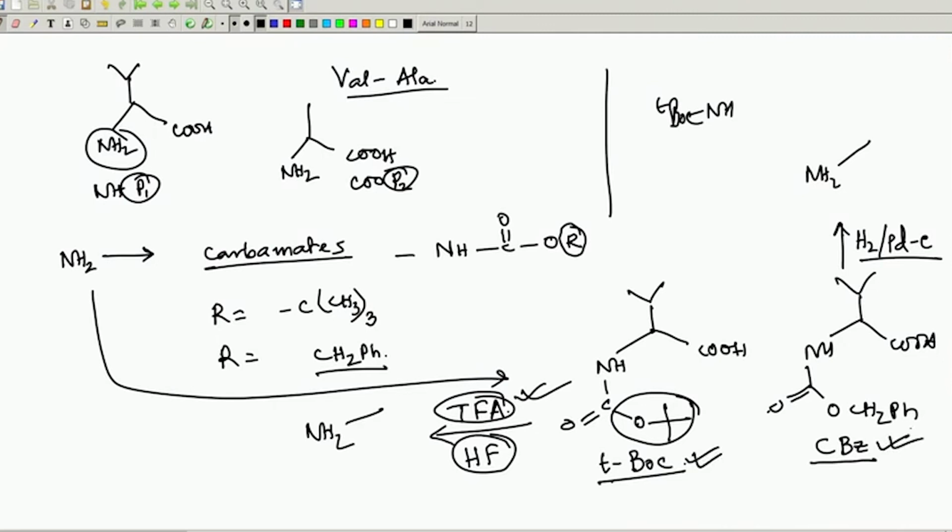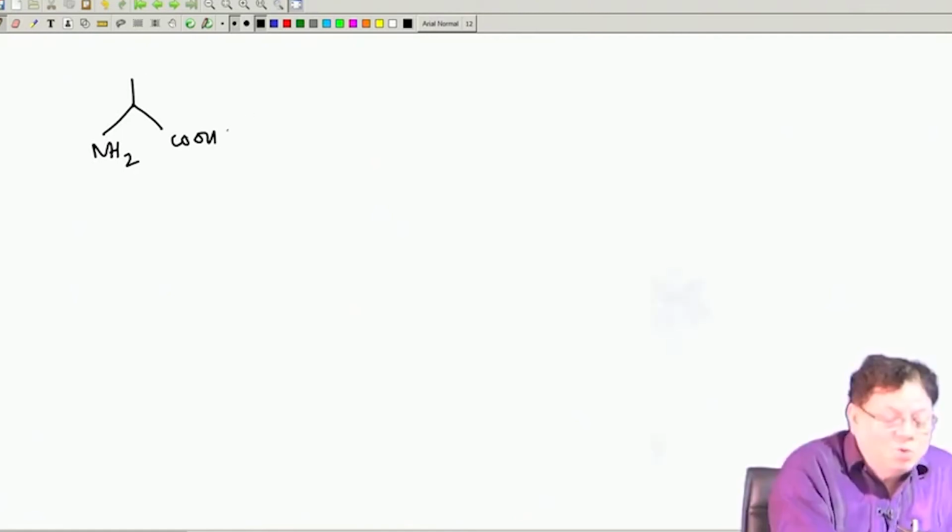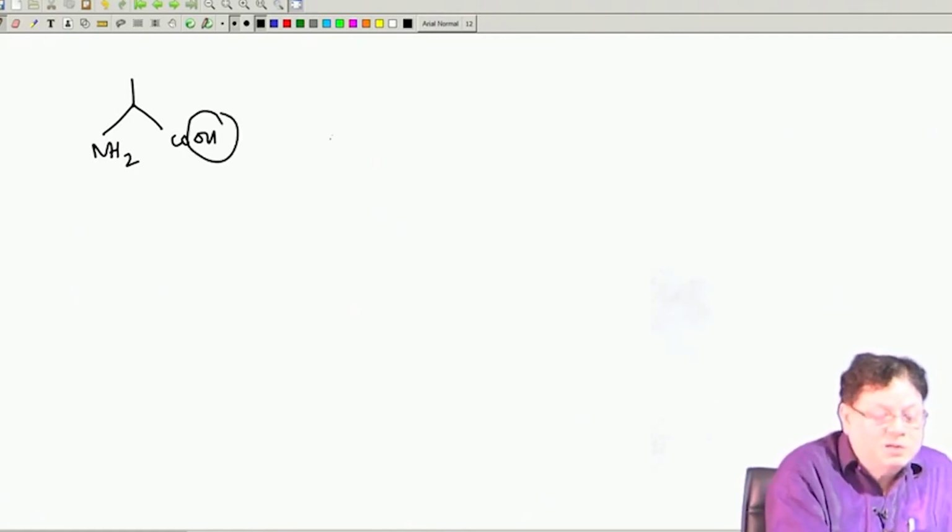So, next, what are the protecting groups for the carboxy? Remember, in our case I have to protect the carboxylic group of the alanine. I have to use the alanine where the carboxy is protected. So, what are the protecting groups that are used for carboxy?